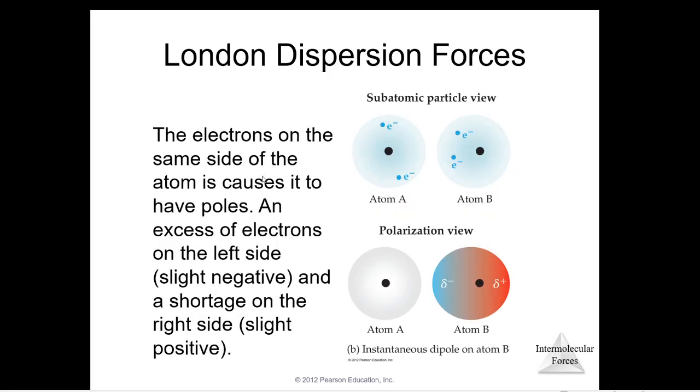And then the electrons on the same side of the atom causes it to have poles, okay, just like you see here, a positive side and a negative side. So the electrons are here, the proton is over here. An excess of electrons on the left side gives us a slight negative, and a shortage on the right gives us a slight positive, okay?